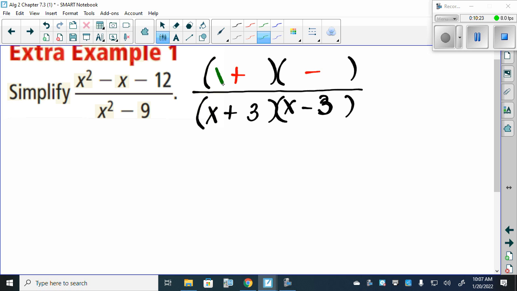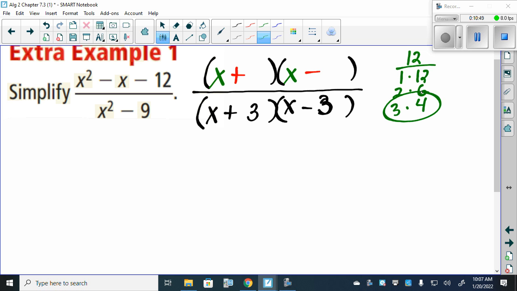Now the factors of x squared are going to be x and x. Well, our factors of 12 are 1 and 12, 2 and 6, or 3 and 4. Which one do we want to use? 3 and 4. Because again, we want one of the ones on top to be x plus 3 or x minus 3.